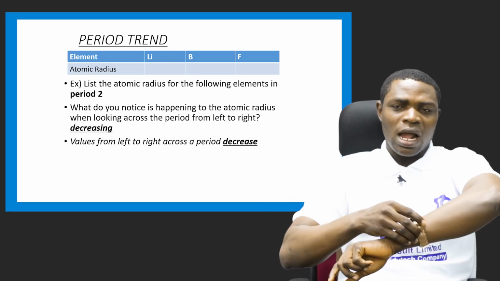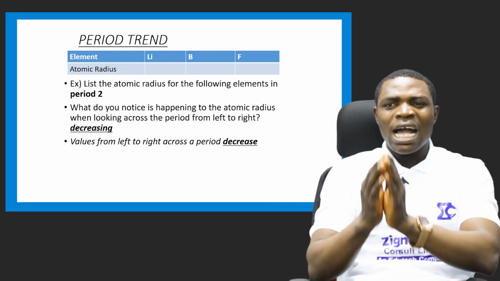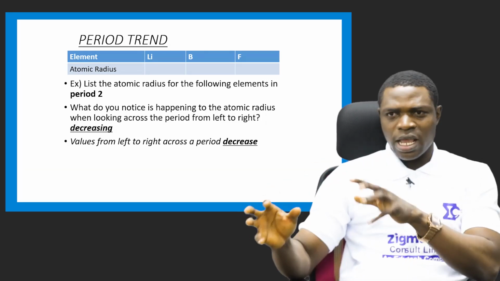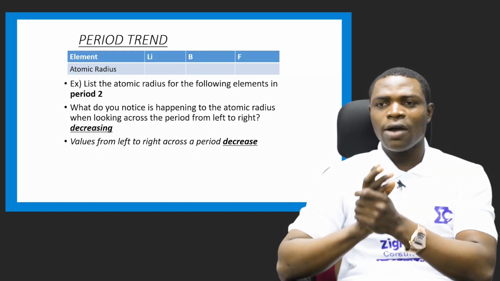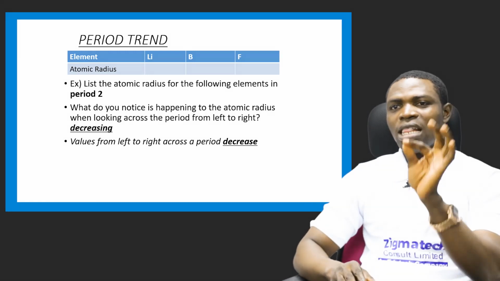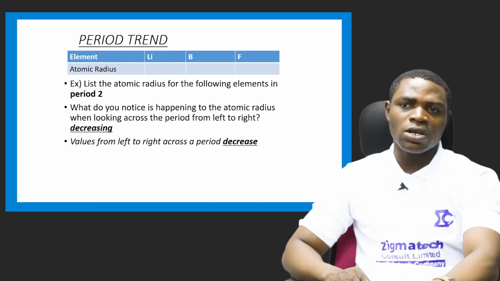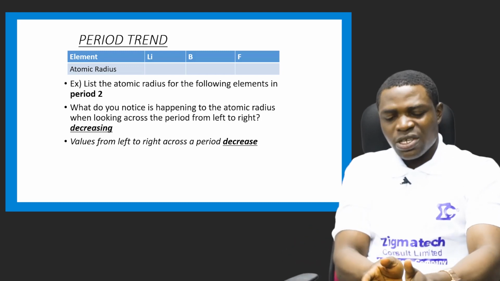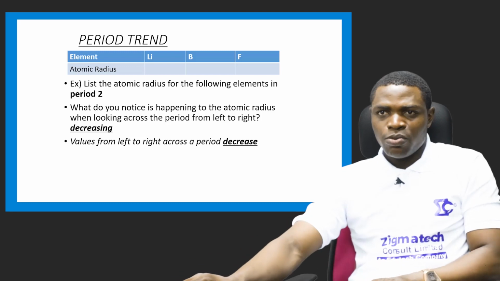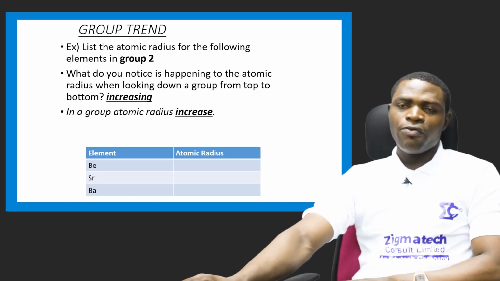If you are asked to trace the trend of atomic radius between lithium, boron, and fluorine, you will understand that lithium has the highest atomic radius. And why? It's because the radius in lithium is higher than that of boron and that of fluorine.